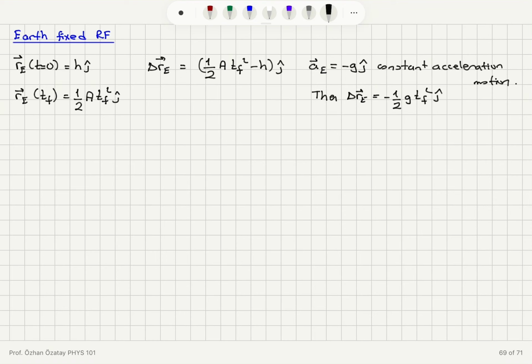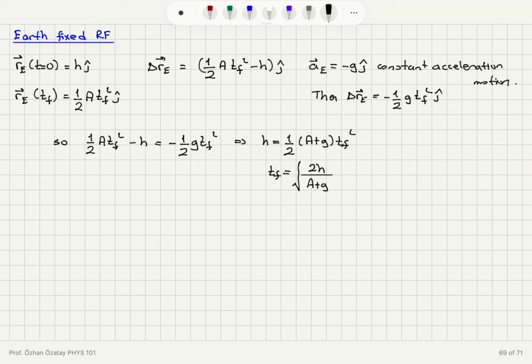Okay, so we can see that the displacement we have, 1 over 2 a t final squared minus h j hat, is equal to minus 1 over 2 g t final squared j hat. Therefore, h can be seen as 1 over 2 (a plus g) t final squared. Therefore, the time it takes is the square root of 2h divided by (a plus g).